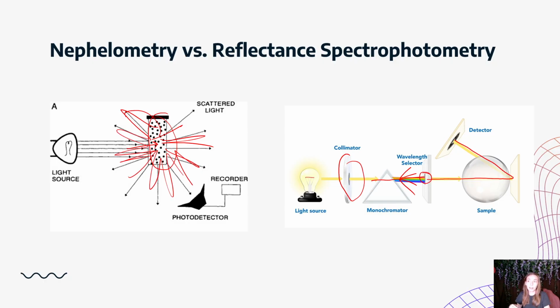Okay? It's going to be lit up like a Christmas tree. Whereas this one over here is very neat, very organized, very demure, very mindful. Nephelometry, not demure, not mindful. Headache in terms of appearance. Interesting though.